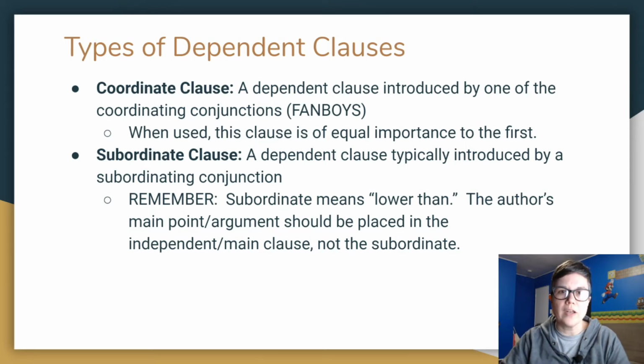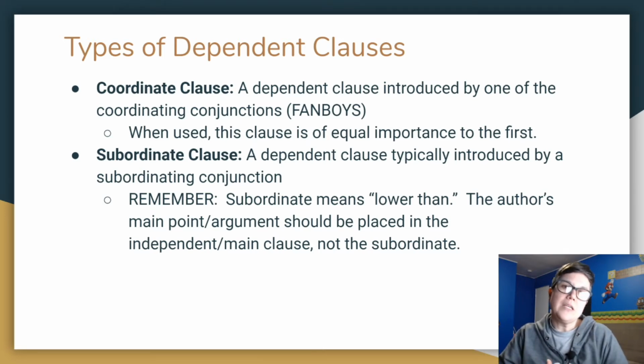Think about your outfit. You want your pants to coordinate with your shirt. Make them go together. They're of equal importance. Now, a subordinate clause is going to make it so that one clause is not as important as the other. Subordinate means lower than.